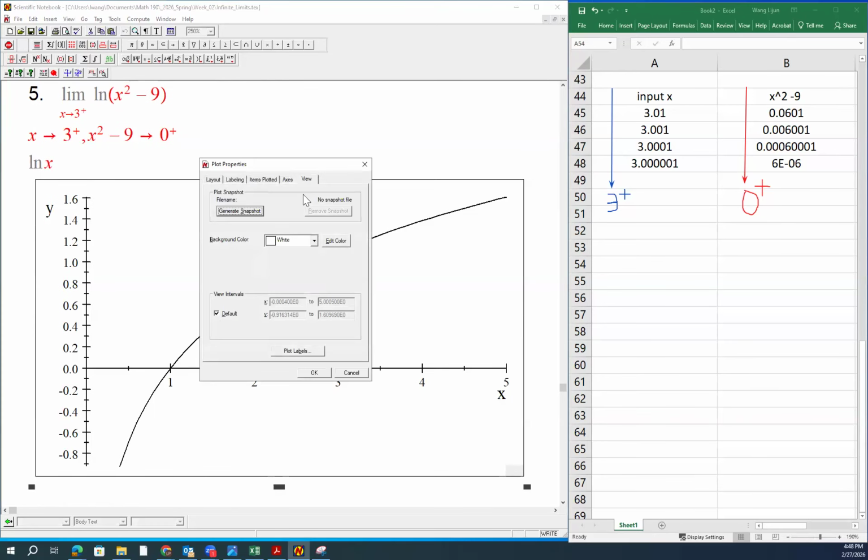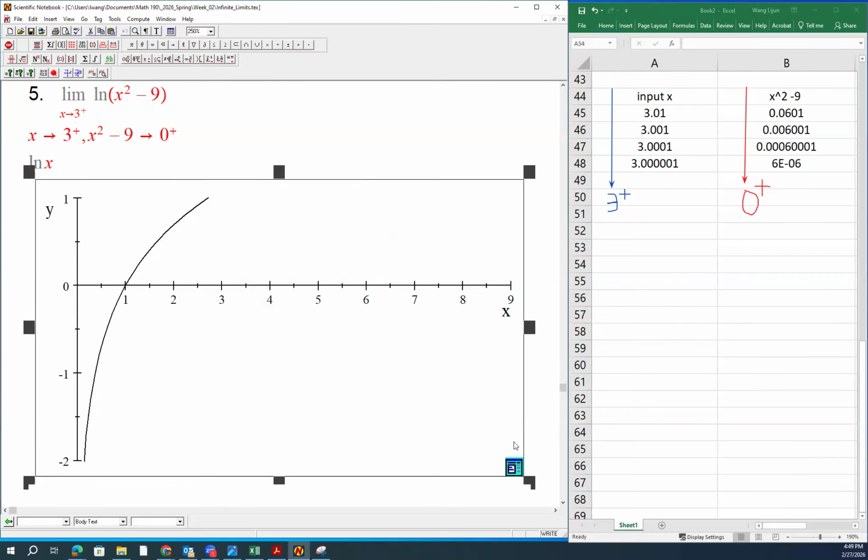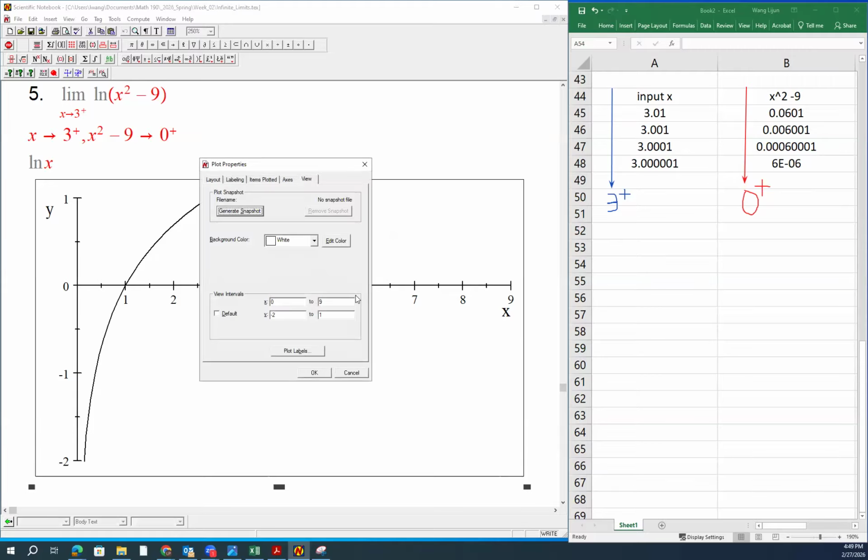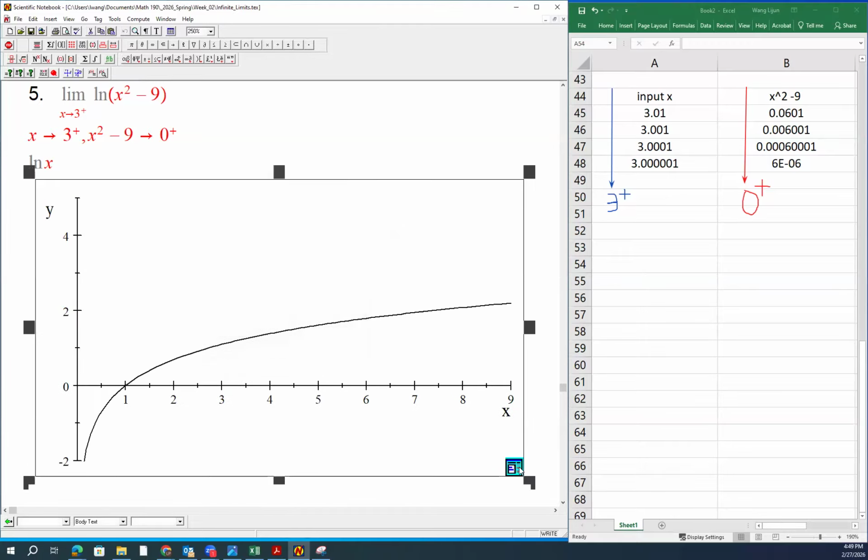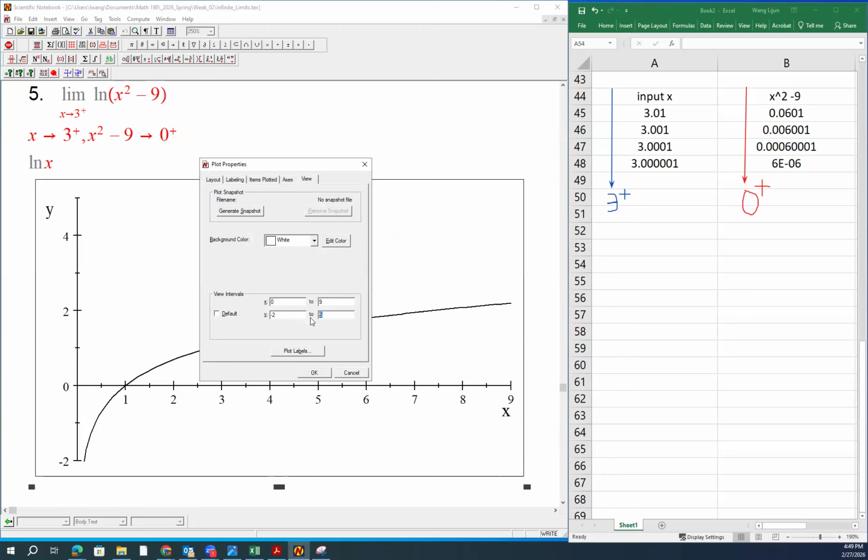Let me adjust the view a little bit so I can give you a good view of it.